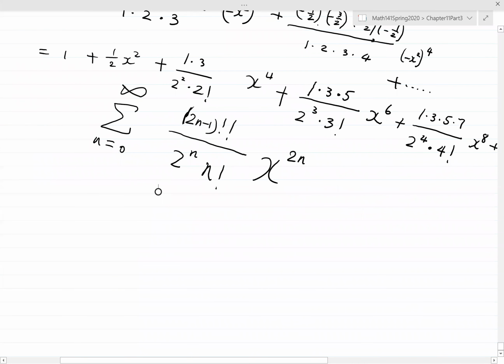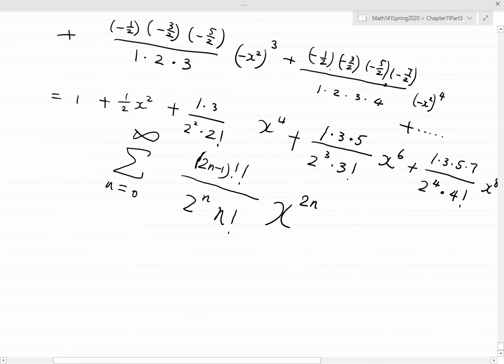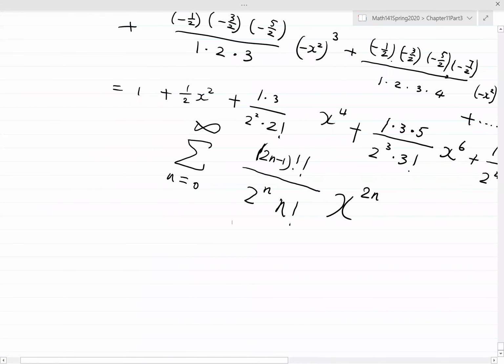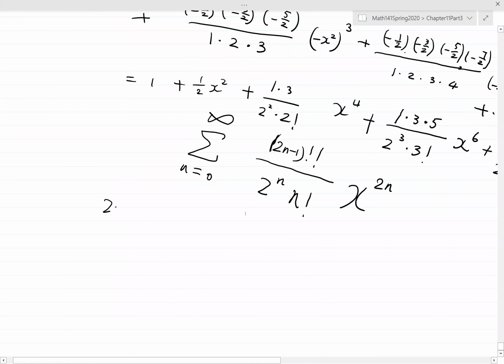So (2n minus 1)!! means 1 times 3 times 5, etc., times (2n minus 1).